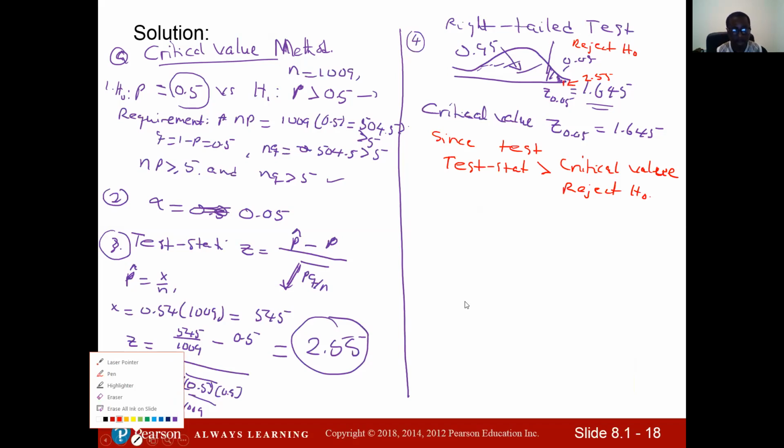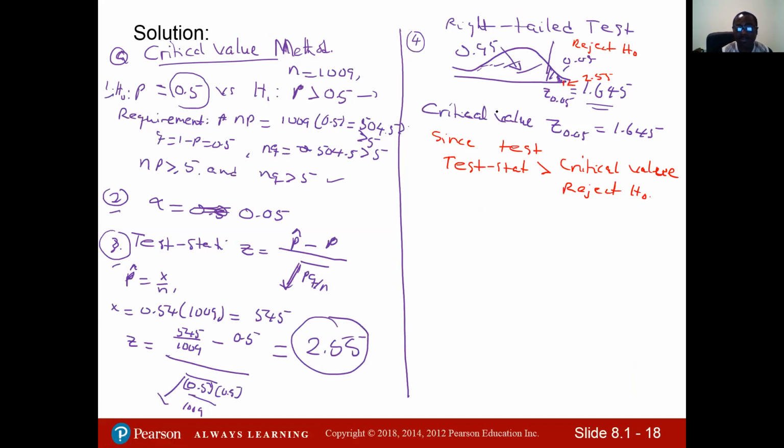Now, if I want to use the p-value approach, the first three steps are the same, so steps 1, 2, and 3 will be the same.